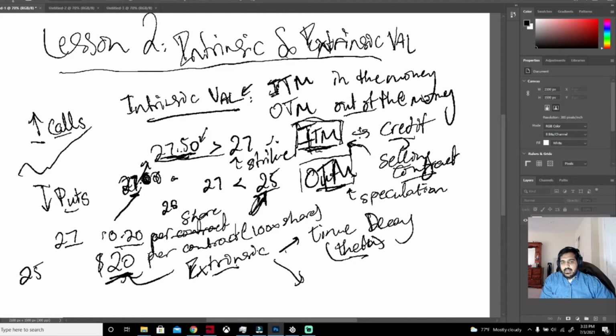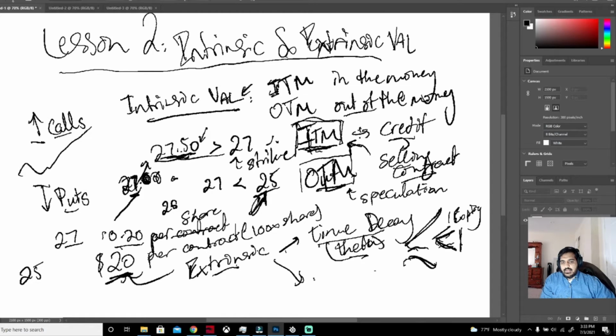The closer we get to the expiry, the variability, which is wide at first, narrows. And that's why we have less extrinsic value.